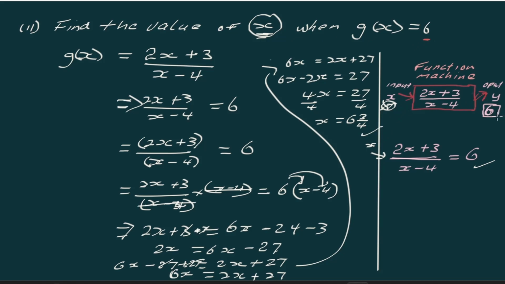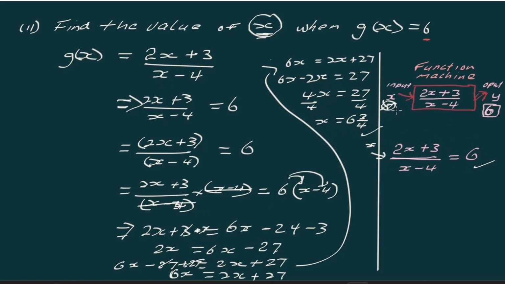So when you get this situation, you set the function equal to the output, and then you work out the value for x from this particular equation. So we went through the process of working out the equation, and we arrive at the final answer, which is x equals 6 3/4.